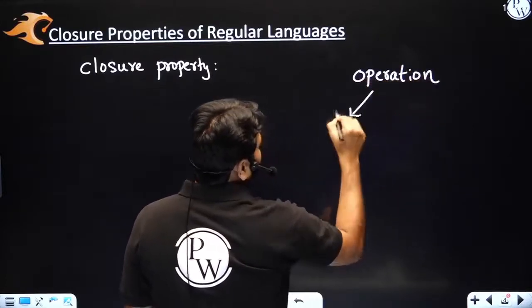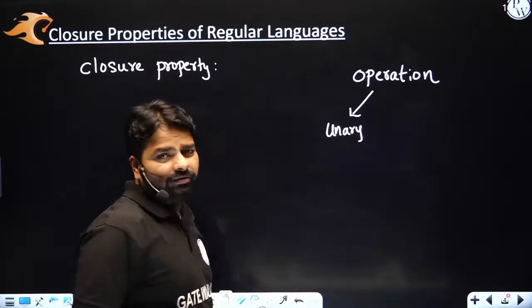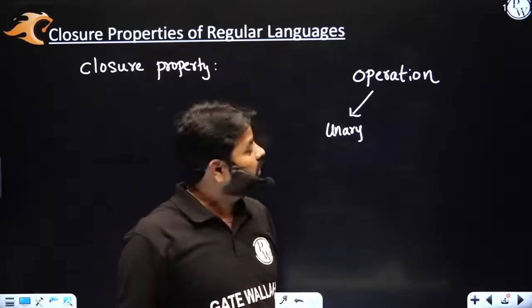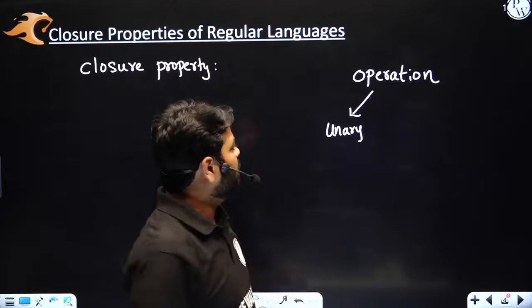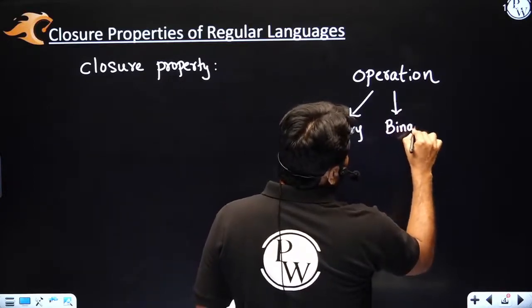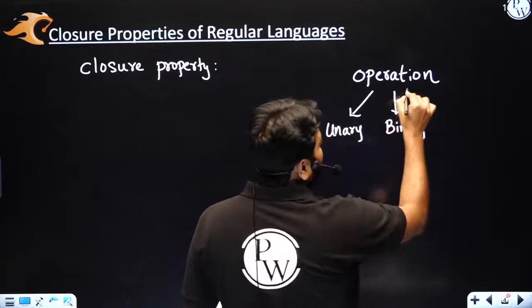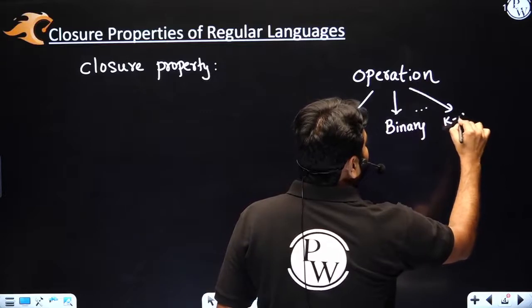If it is unary, you will have one operand, which is nothing but a language here. So you will have one language, over that you are going to apply the unary operation. And sometimes you may apply the binary operation, for which you require two languages. And you may take any arity, let's say k-ary.